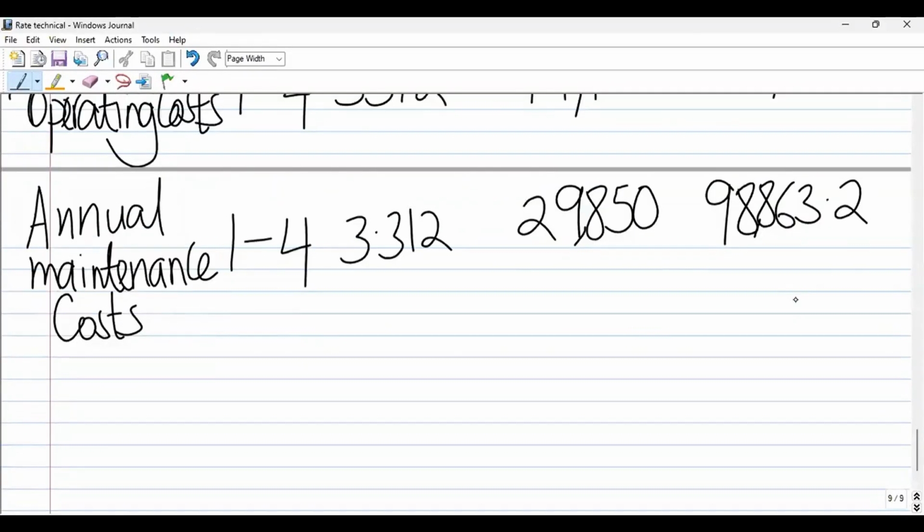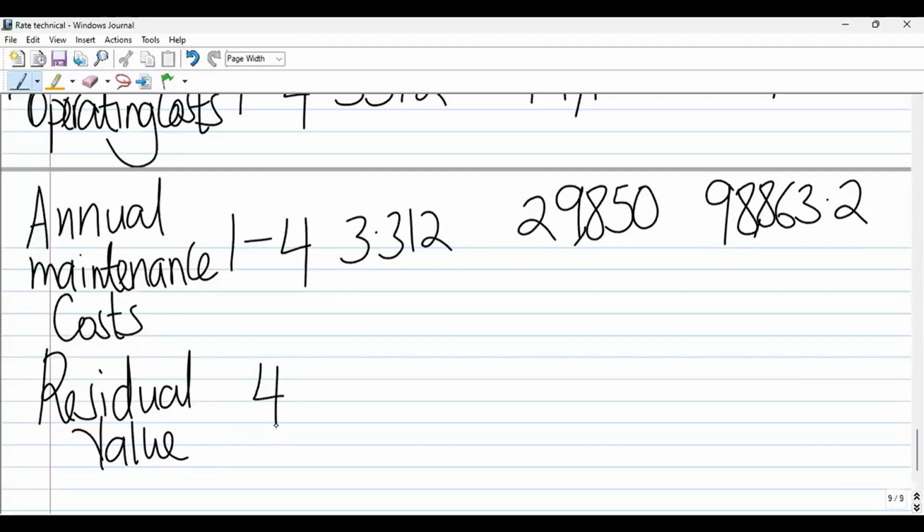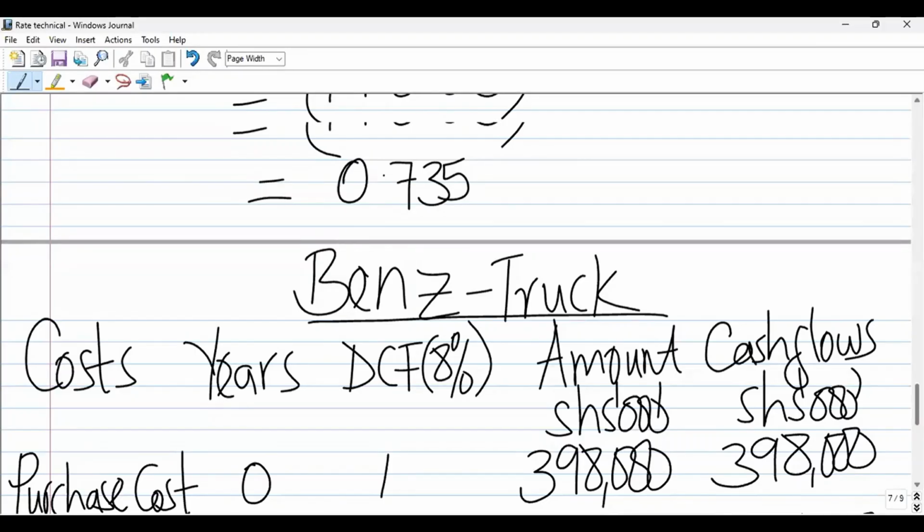So we go to the next, residue value. So residue value is only in year 4. So we've seen that we have a present value interest factor of 0.735.